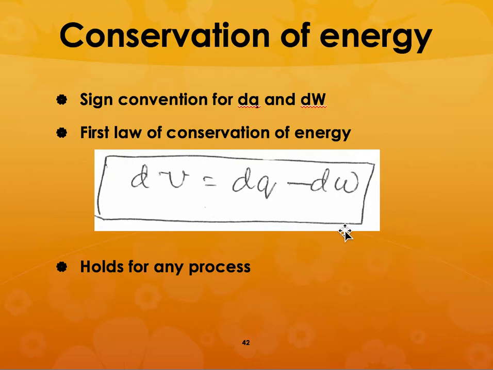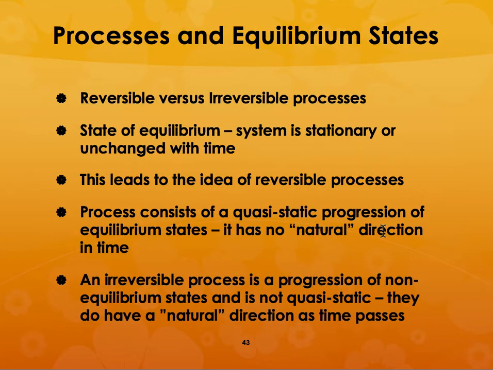Or it is a combination of potential energy plus kinetic energy. The other thing to note is that there are reversible versus irreversible processes. So your state of equilibrium means your system is stationary or unchanged with time, and this leads to the idea of reversible processes.